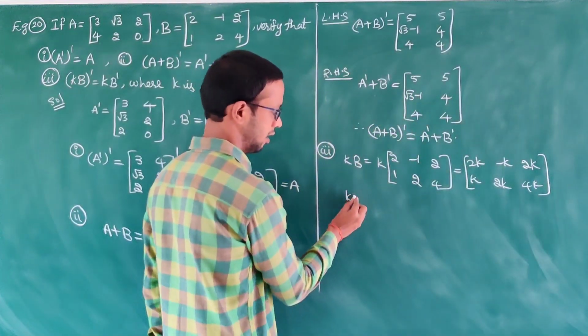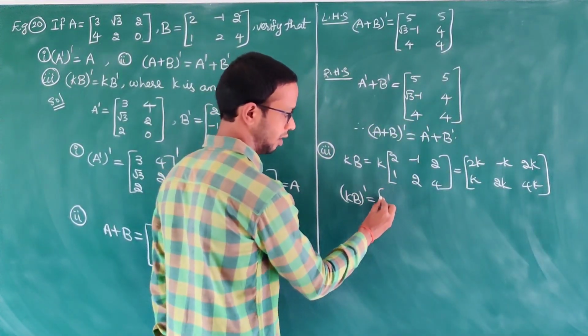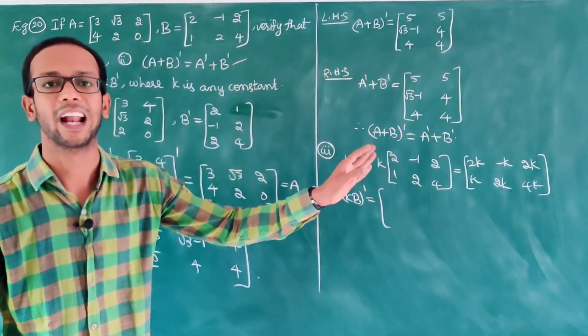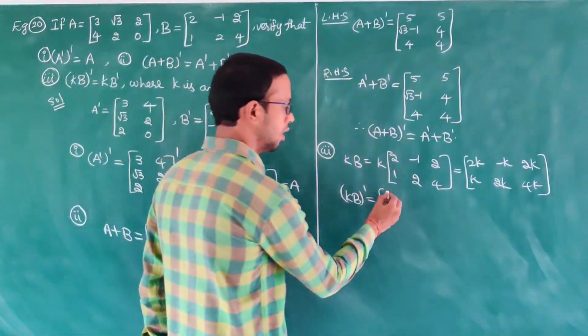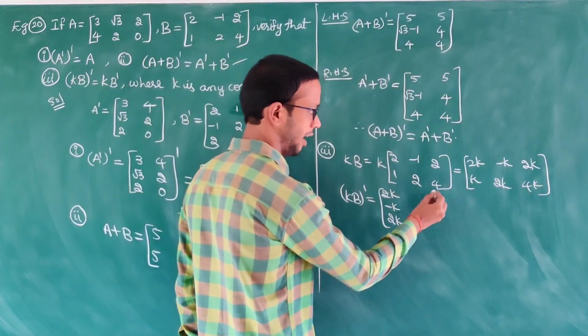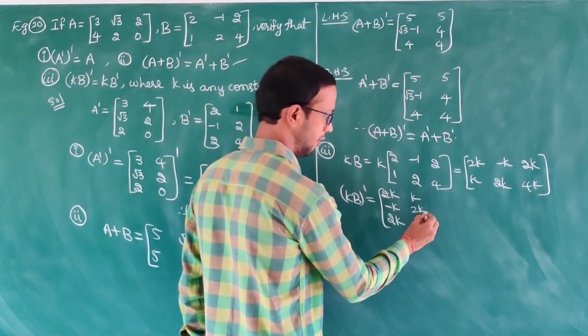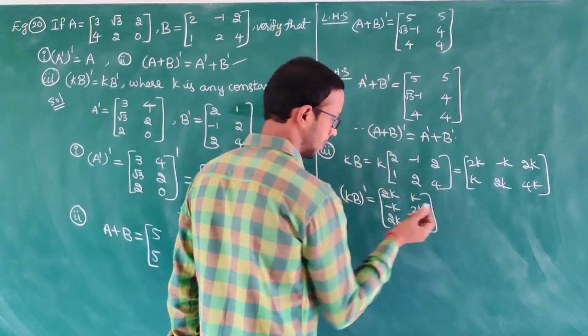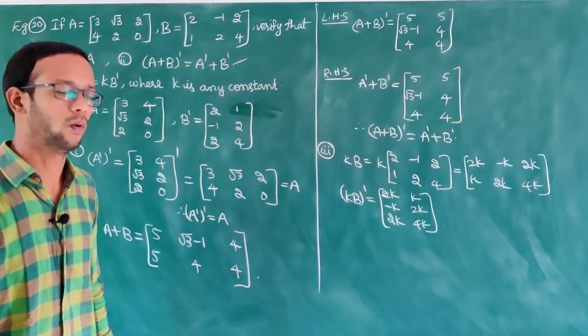Left side, (KB)': transpose means write rows as columns, so 2K, minus K, 2K. Next, K, 2K, 4K. So this is (KB)'.